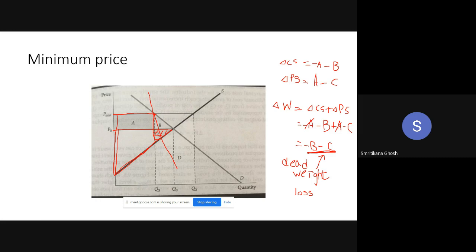This will be there. But as you are only concerned about the producer and as the demand is relatively inelastic, producer will gain because A is greater than C. If A is 30, then C is say 5. So ultimately producer will gain. Do you get the point?